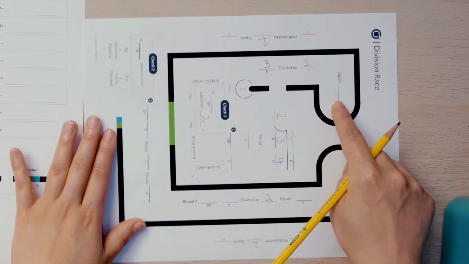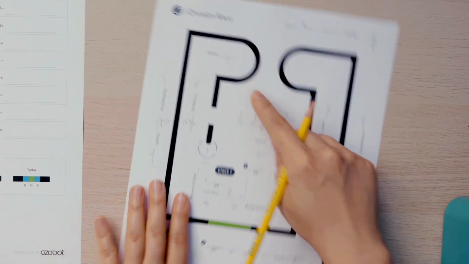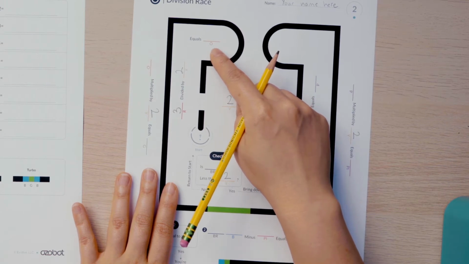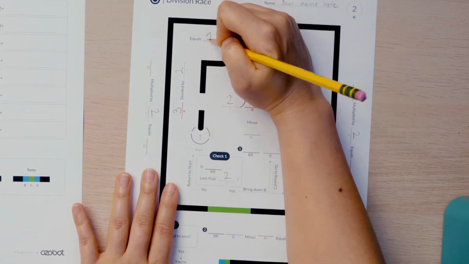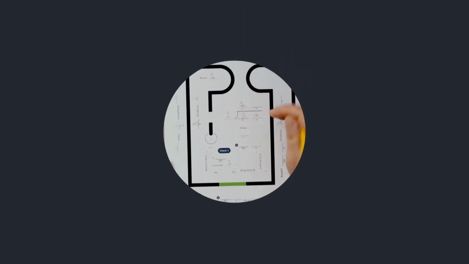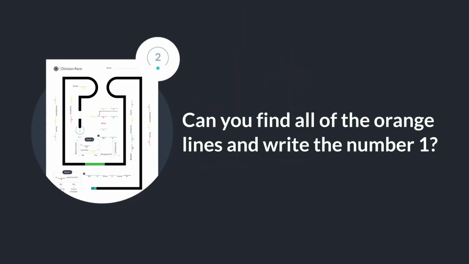Turn the corner on the Ozobot line and it says equals the orange line. We can't divide 3 by 2 evenly, but the closest we can get to is 1, so write 1 on the orange line. Can you find all the orange lines on your page and write 1?